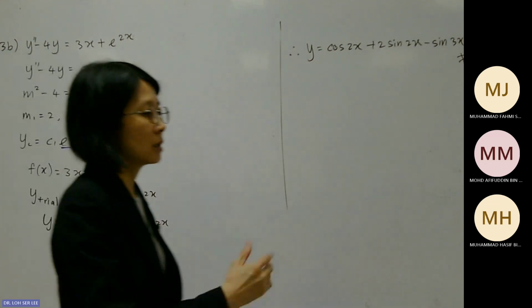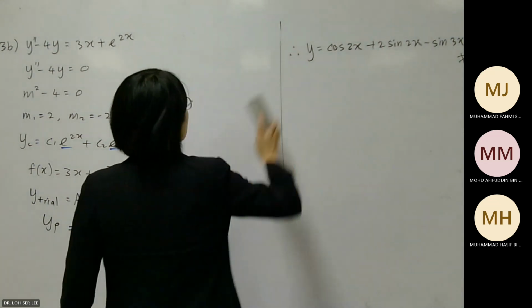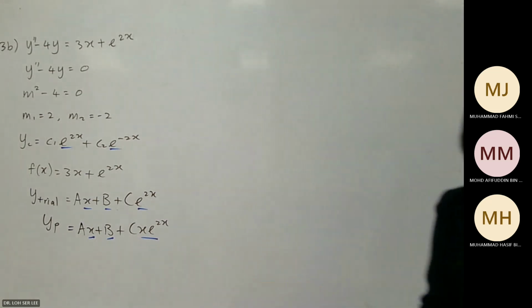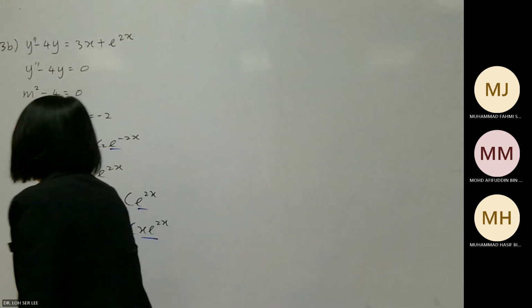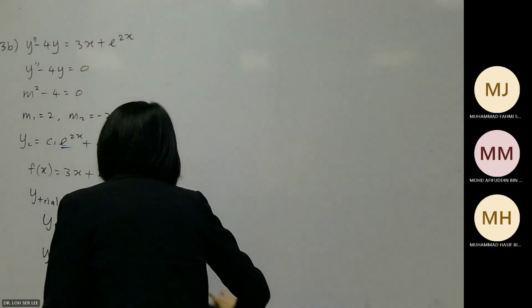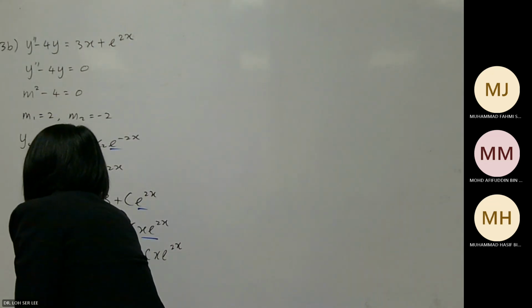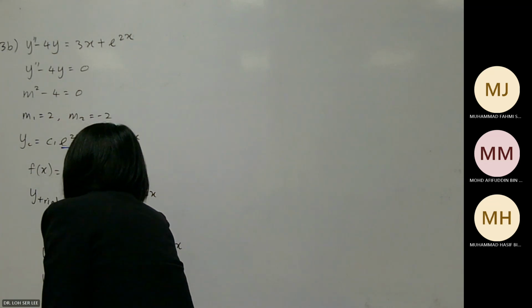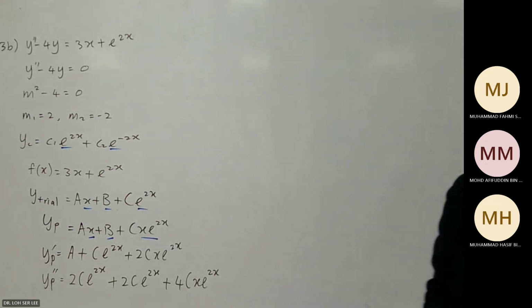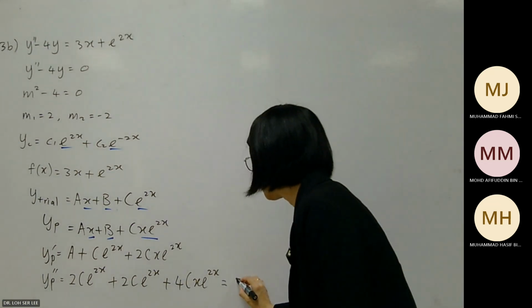Once you get yp, differentiate twice. Differentiate twice. And this one you can combine.